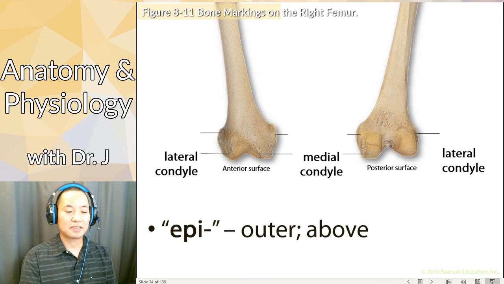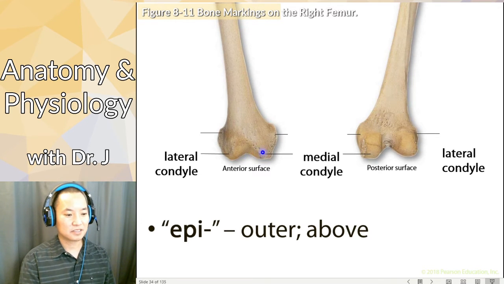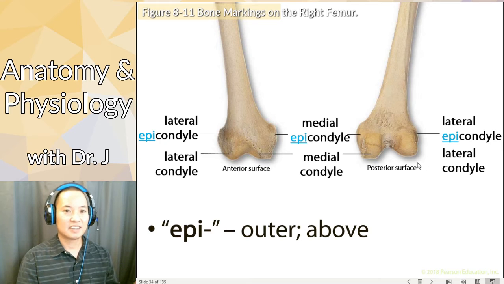Remember that prefix epi can mean outer, but can also mean above. So kind of not so relative to condyles, which are distal. Over here, we also have other bumps as well, and these are called epicondyles. And again, they follow that direction. That's why lateral and medial are very important directions to know when you're talking about the appendiculars or just appendicular anatomy in general.